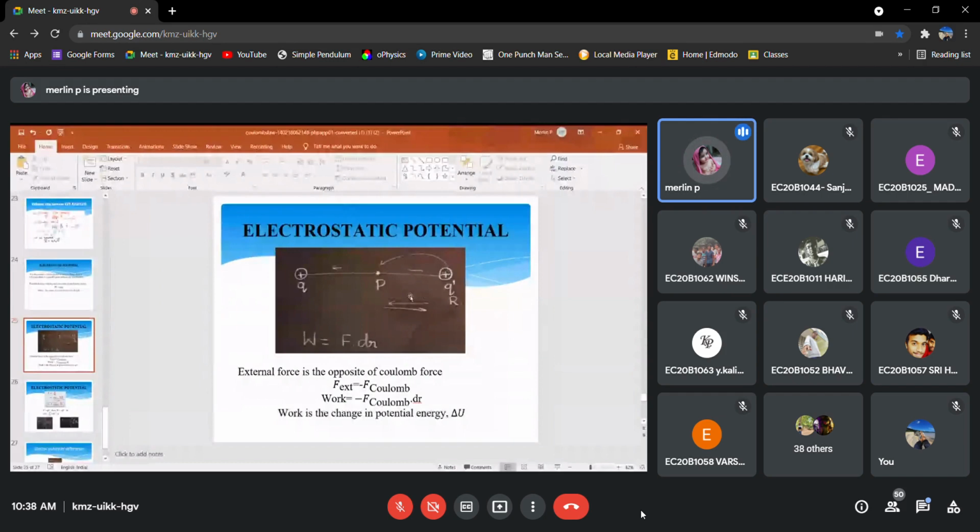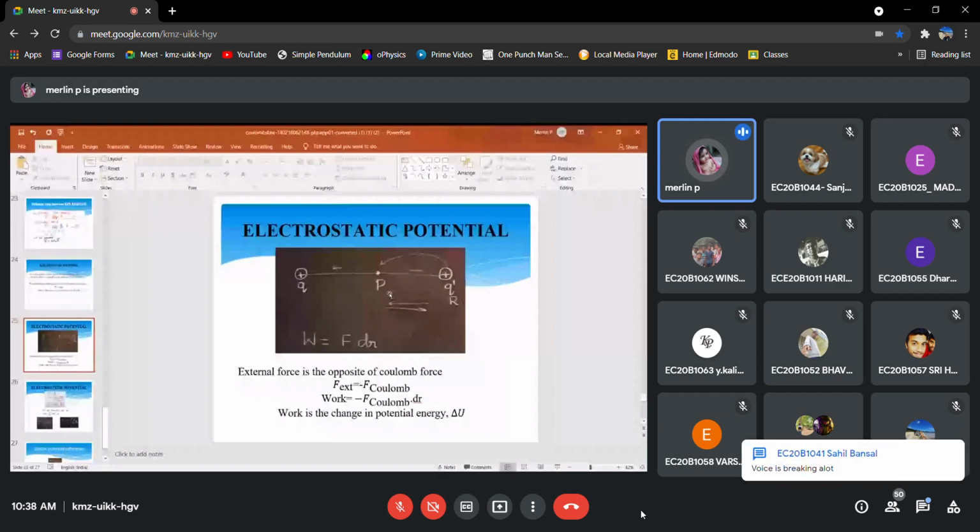Like the mountain, to bring a positive charge to a particular point P from a distance r, against the charge q, we need to do some work.